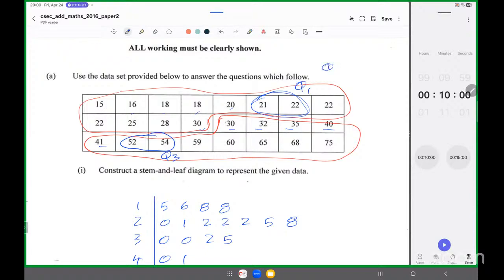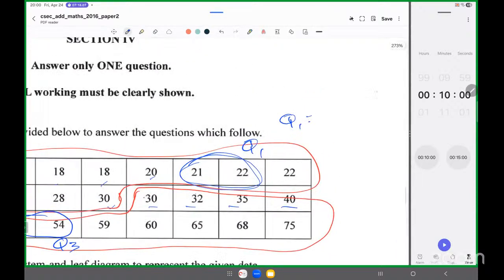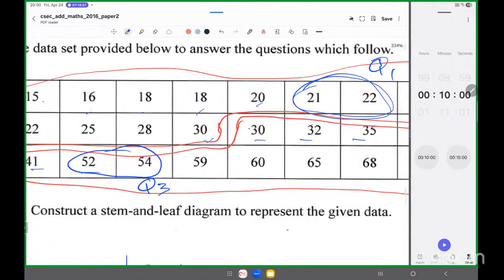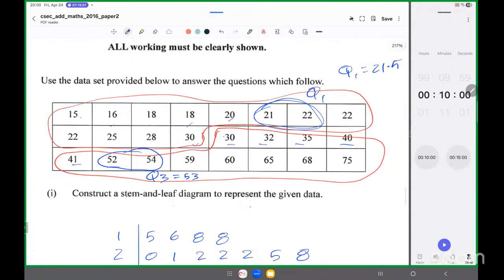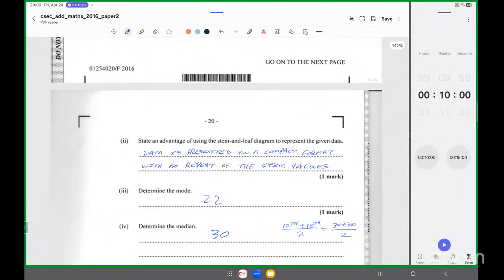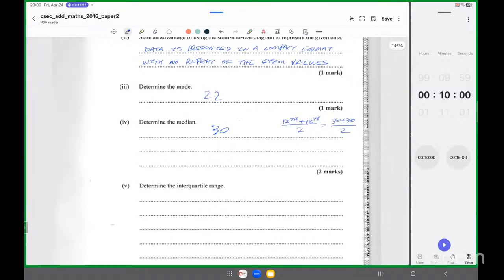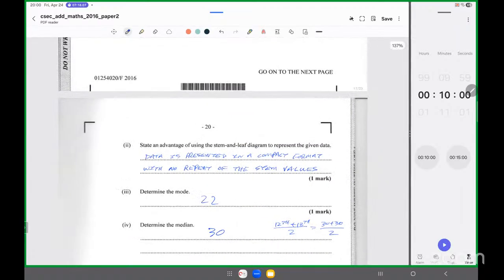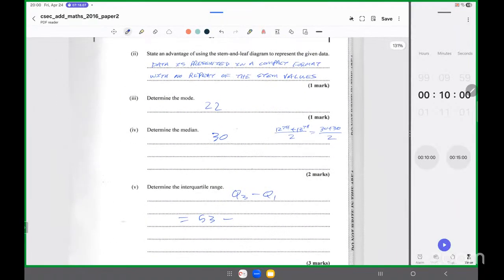So Q1 is 21.5. And down at Q3 is clearly 53. So the interquartile range then is Q3 minus Q1, which is equal to 53 minus 21.5.